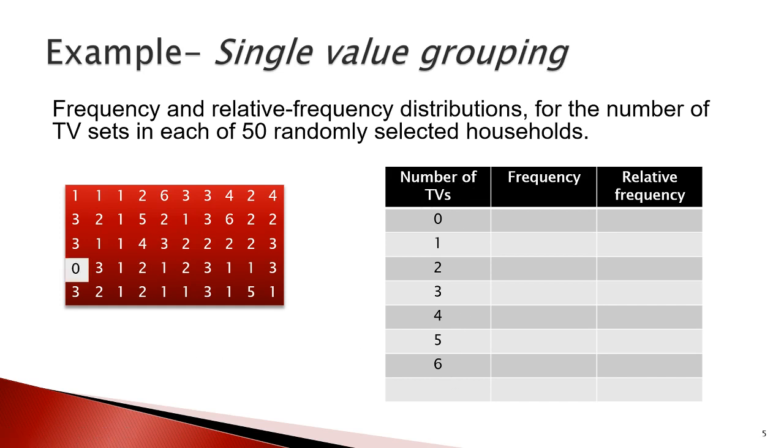And let's get the frequencies of those. Now let's begin filling the columns of frequency and relative frequency. As you can see, 0 appears only once, so the frequency is 1.